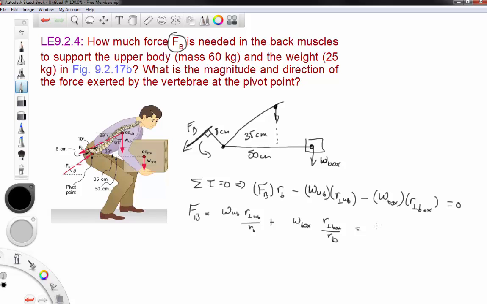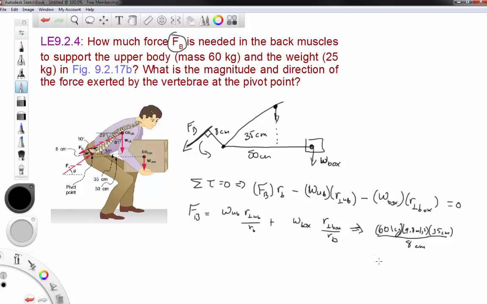So the weight of the upper body is given by the 60 kilograms times 9.8 meters per second squared times the radius, which was 35 centimeters, divided by 8 centimeters.